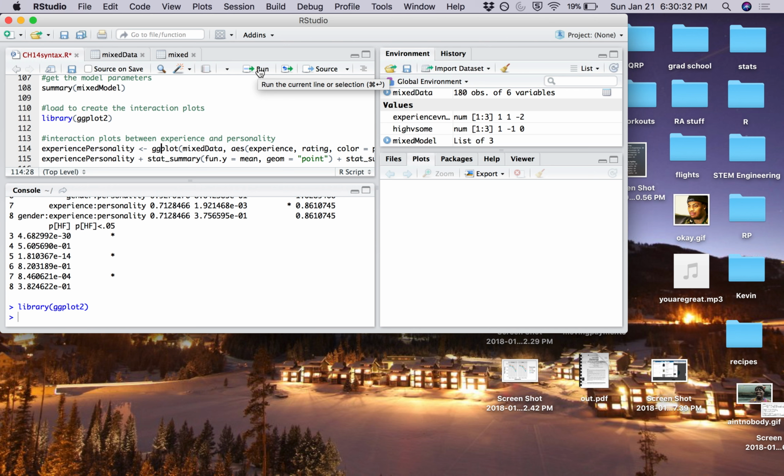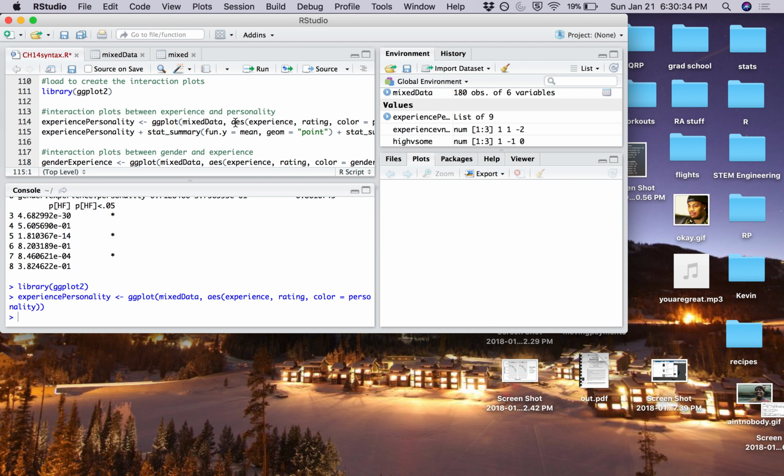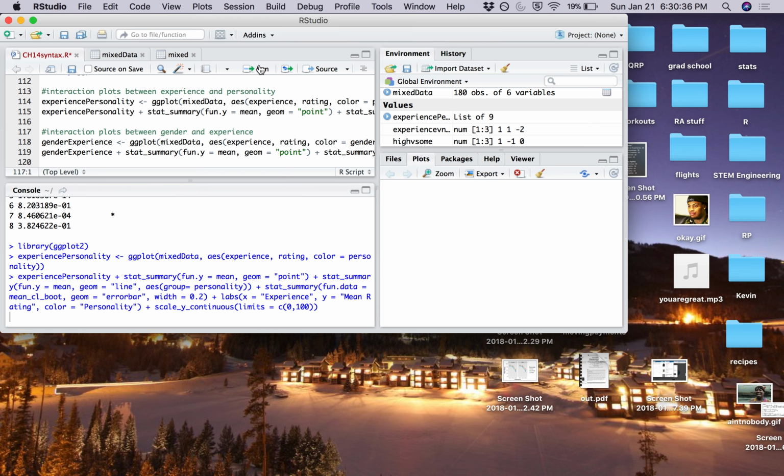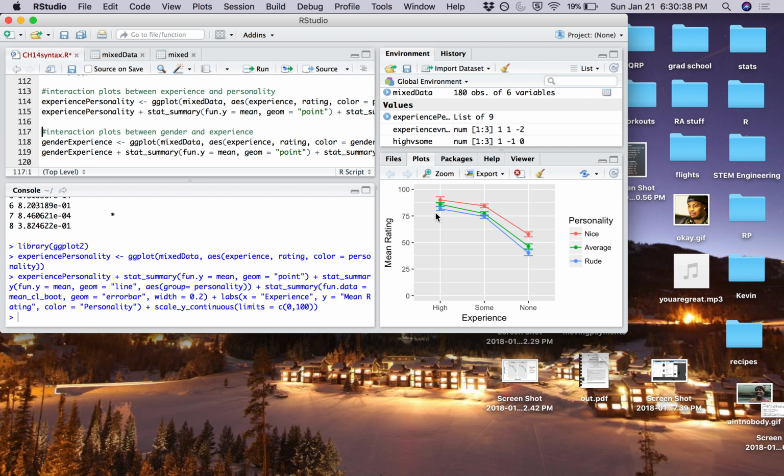So this is going to be the interaction plot between experience and personality, which we already talked about these effects. So now we're going to be able to see them. So these are just the visual representations of the comparison of means for each group. So this is experience and personality.